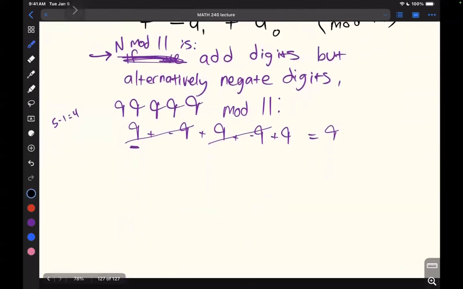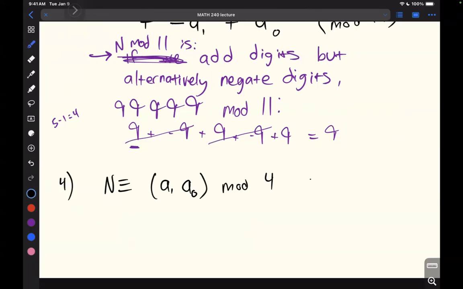And then our mod 4 trick. This is not nearly as intimidating as the other one notation-wise. So we take the last 2 digits and we multiply them together, and that tells us that number mod 4.